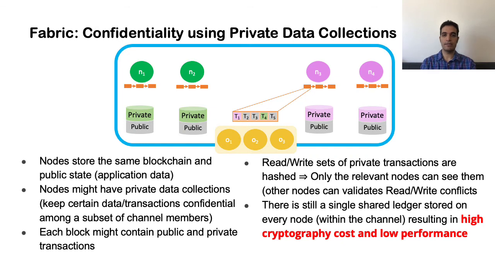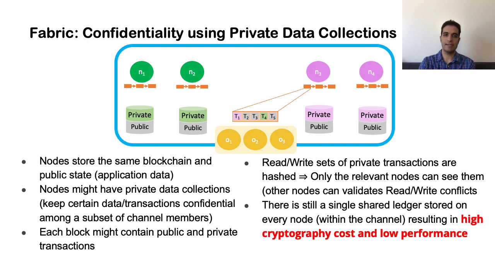So this idea is used in Fabric in private data collection. So within a single channel, we can have private and public data. So these two nodes can have private data, so have a private data collection. These nodes have also a private data collection. So as can be seen, they maintain the same ledgers.